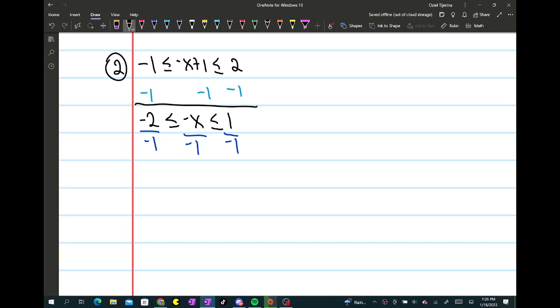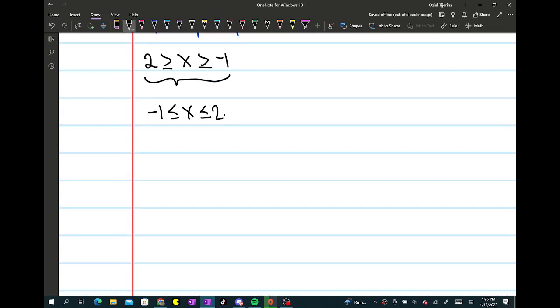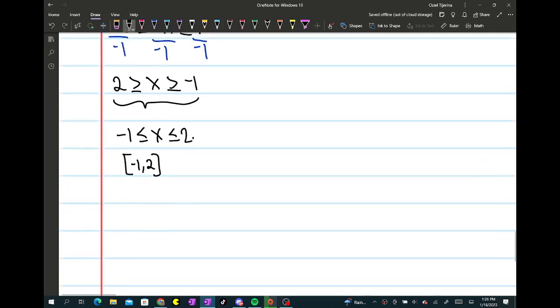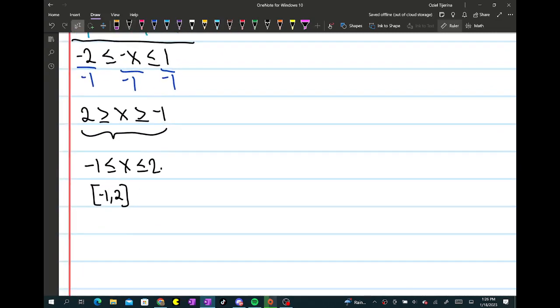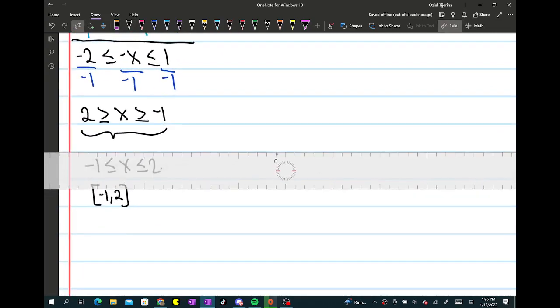So this would be 2 greater than or equal to x greater than or equal to -1. If you flip this over, it's -1 less than or equal to x less than or equal to 2. In interval notation, it'd be bracket -1 to 2 bracket.